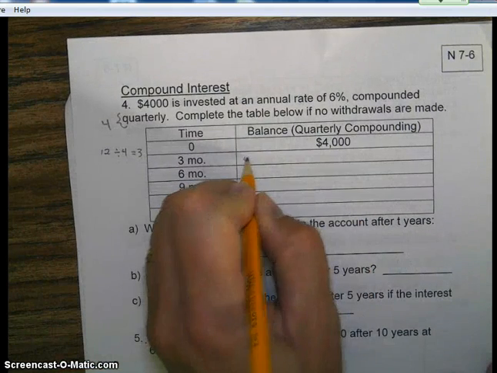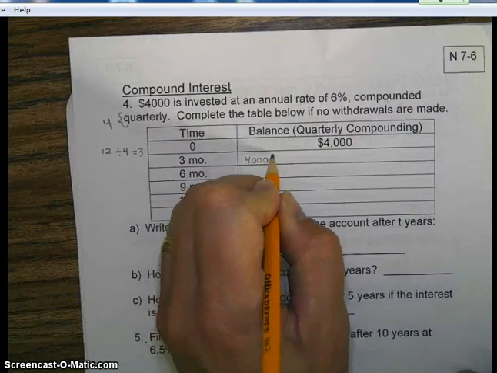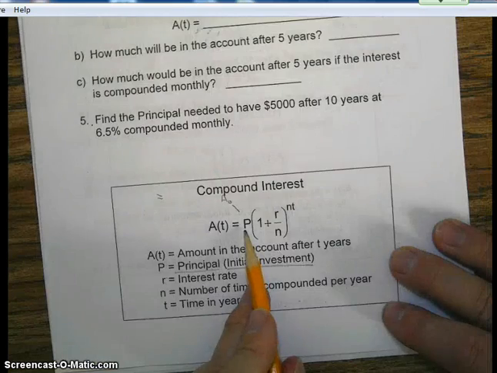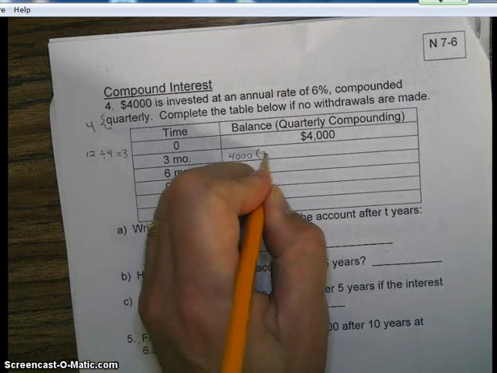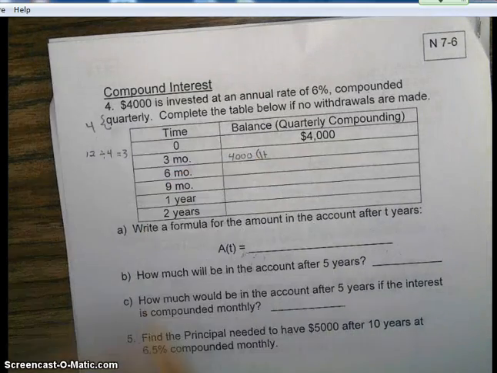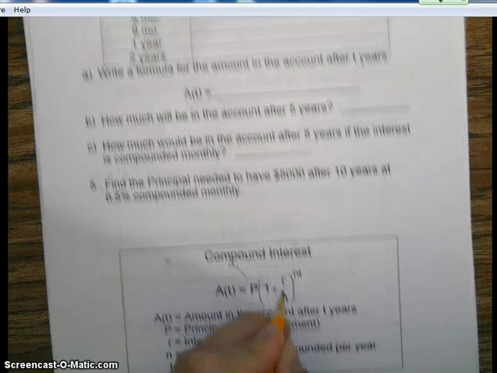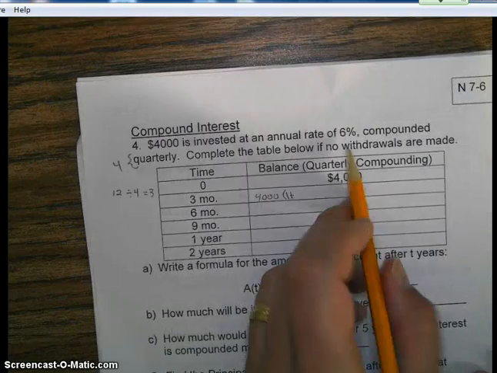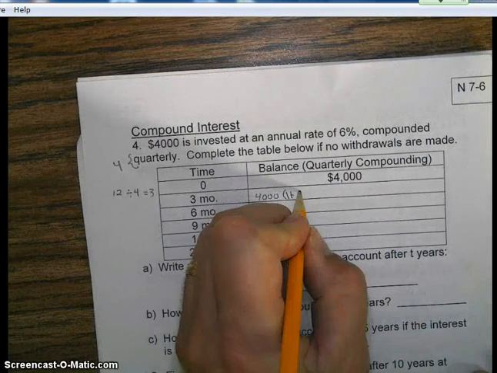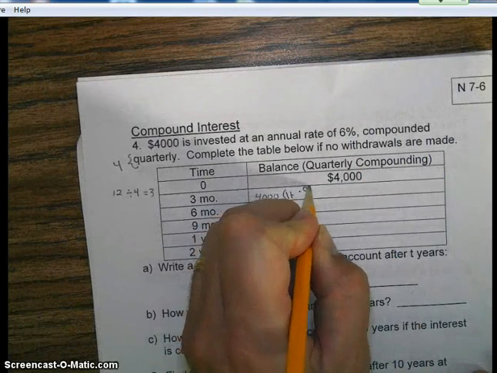So 4,000, that's our principal. And then we have 1 plus our rate. Our rate, which is 6%. Remember to change it to a decimal.